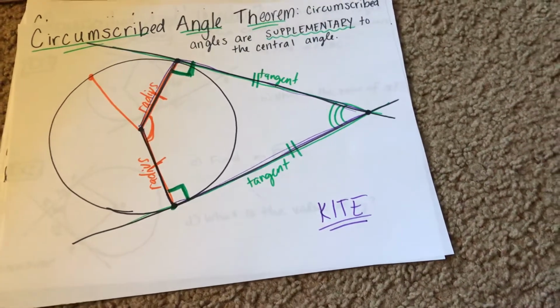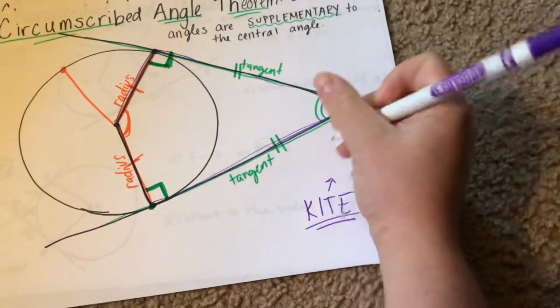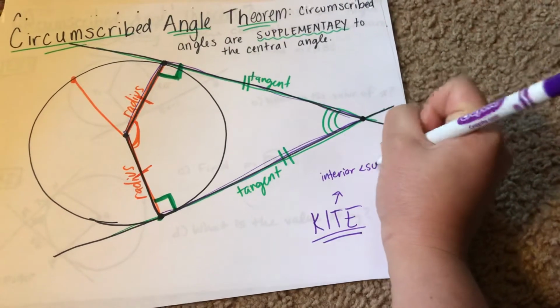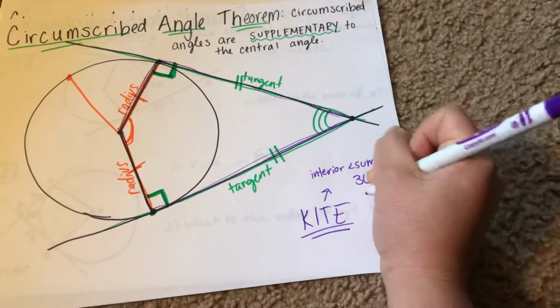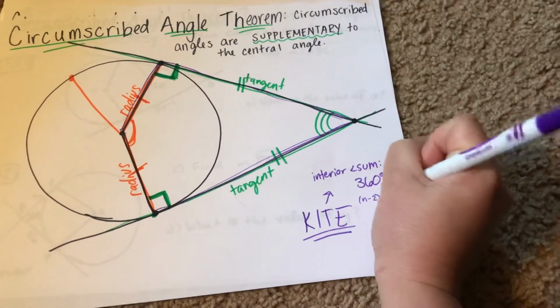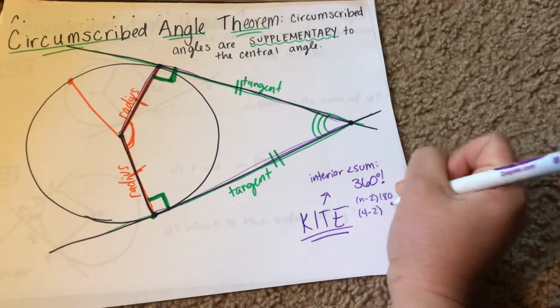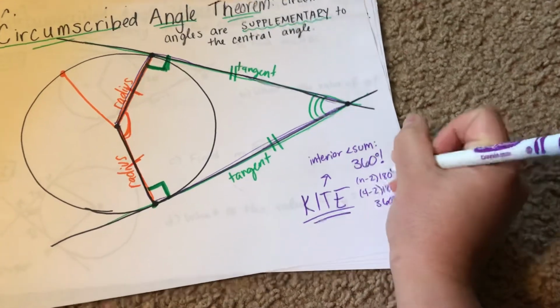And since it's a quadrilateral, the interior angle sum is 360 degrees always. We could go into n minus 2 times 180: there are four sides, so 4 minus 2 times 180 equals 360 degrees.